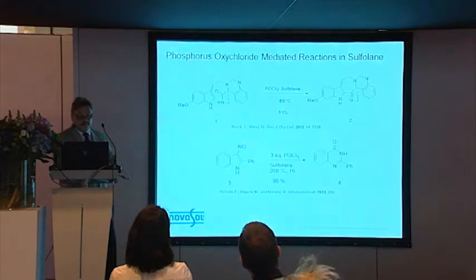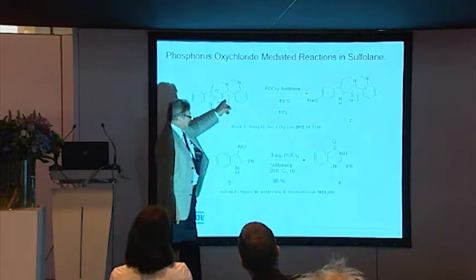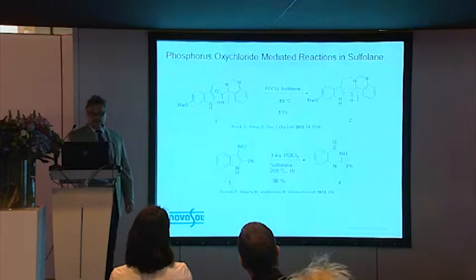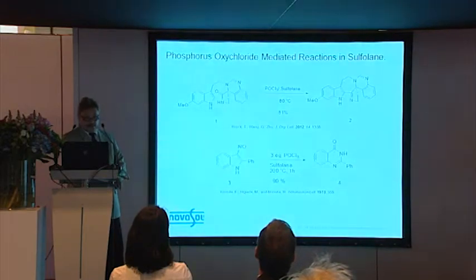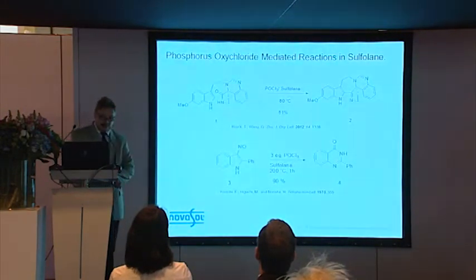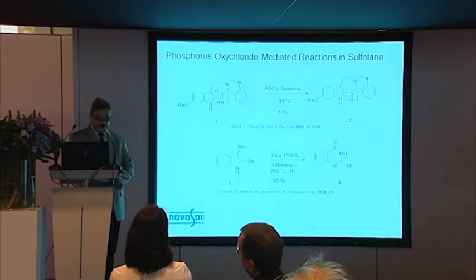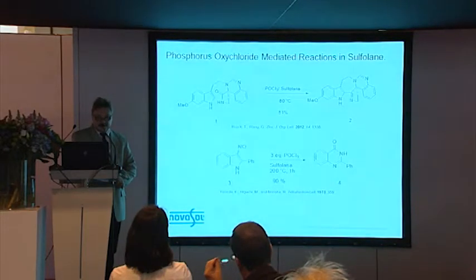Also, reactions with phosphorus oxychloride have been run in sulfolane and worked very well. This very complicated Pictet-Spengler cyclization was found to be the only way to do this reaction, because they form a 7-membered ring, and the authors say that it was the best combination, and it was really worthwhile using sulfolane, because all other solvents under standard conditions didn't give any conversion at all.